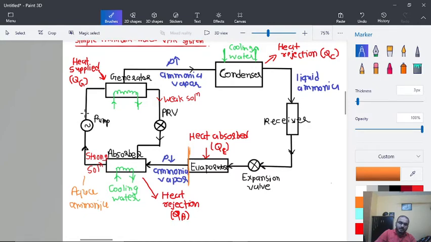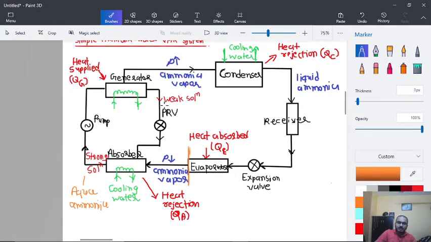Here the pressure increases up to 10 bar. Now our task is to separate this water and ammonia. Here heat is supplied, so it is being heated, so the ammonia vapor will get separated and it will go through this path towards the condenser, and the water that is absorbent will come back as a weak solution, that is less quantity of ammonia.